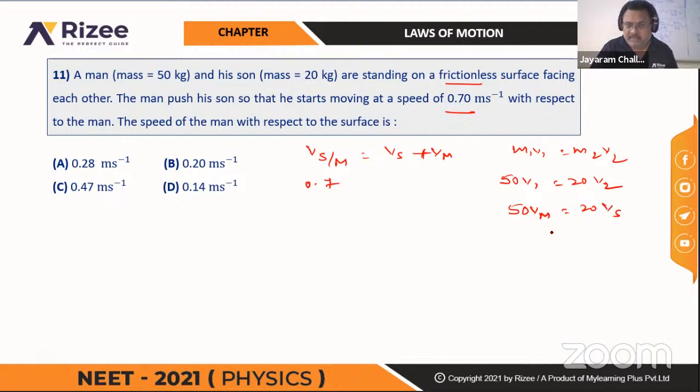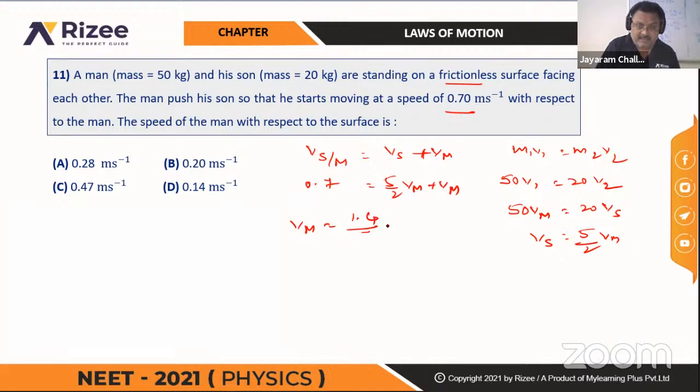From this one, if I want to replace, the velocity of the son is equal to 5 by 2 into velocity of the man. So substitute here, please. This is going to be 5 by 2 into velocity of the man plus velocity of the man. So velocity of the man is equal to 0.7 by 7 by 2. This goes to the other side, 1.4 by 7 into Vm. Okay, so that means velocity of the man will come down to 0.2 meter per second.